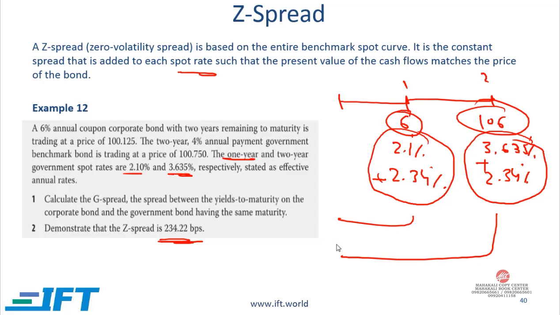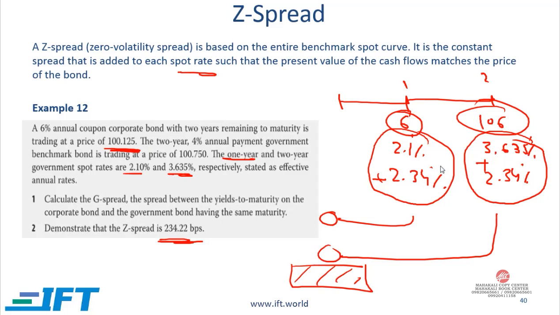When you discount, you will get two numbers. You add those two numbers. The sum of those two numbers is going to be the price of the corporate bond. So when you actually do this calculation, you should end up with 100.125.